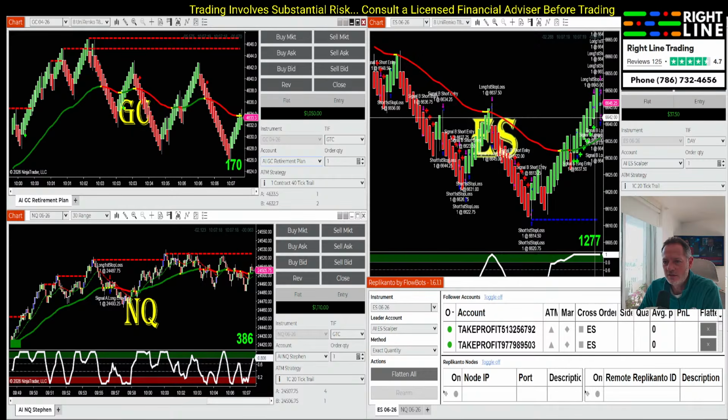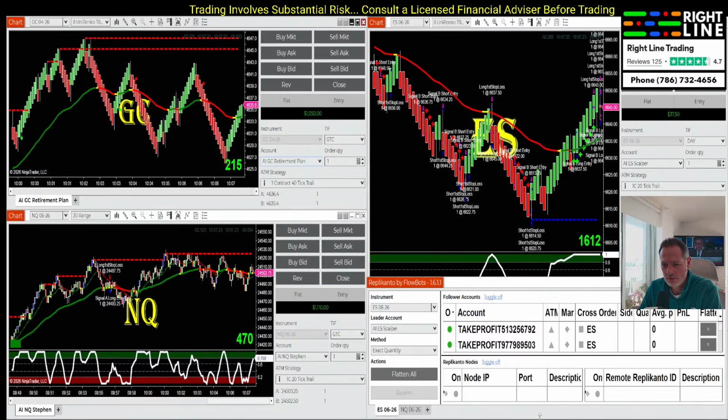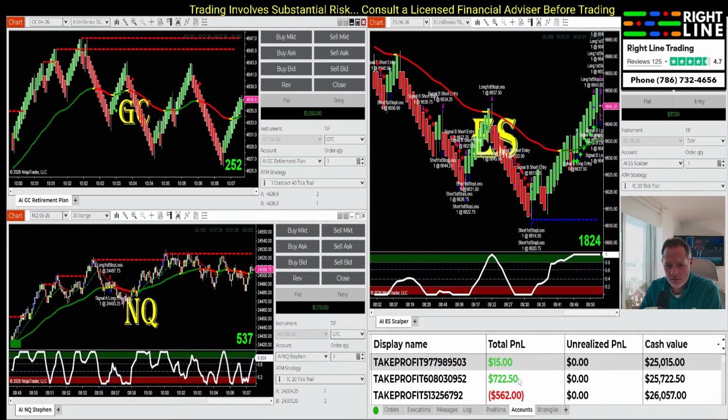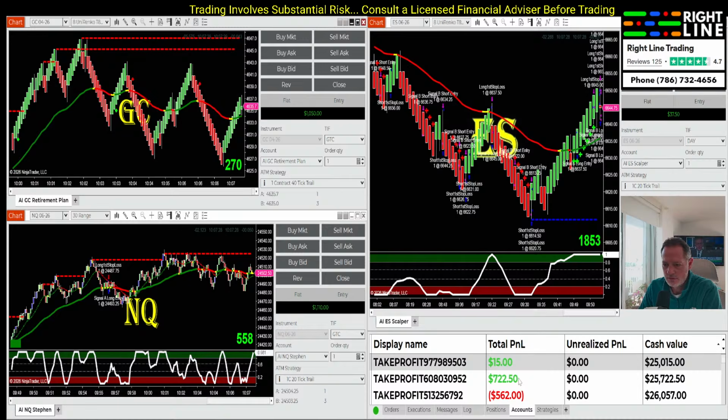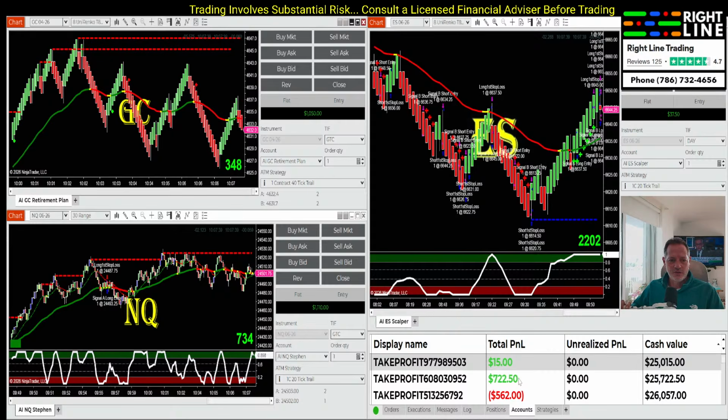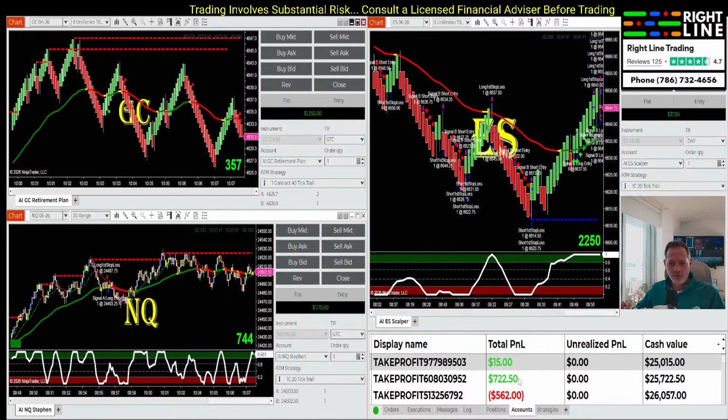I lost my little scalper trade there. Let's see if we can't bounce through this 24,500 range over here on the NQ and get this thing to move north one more time for us.